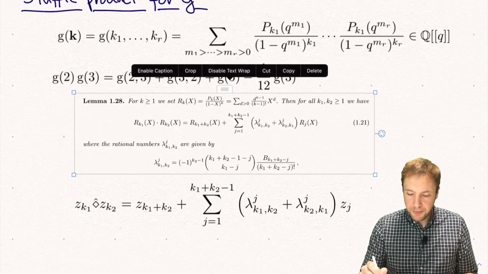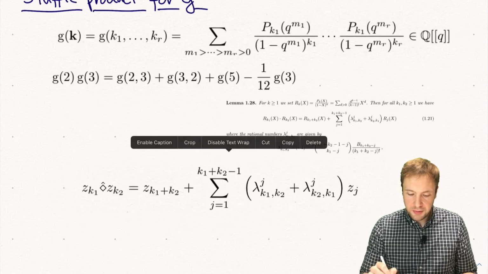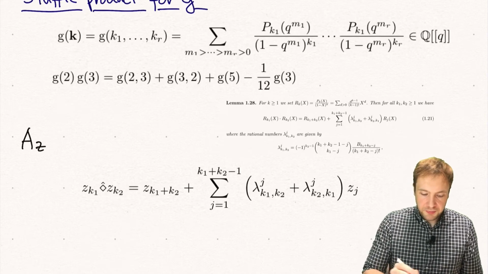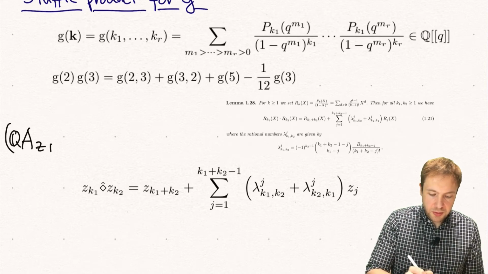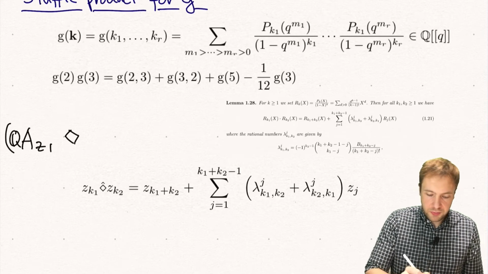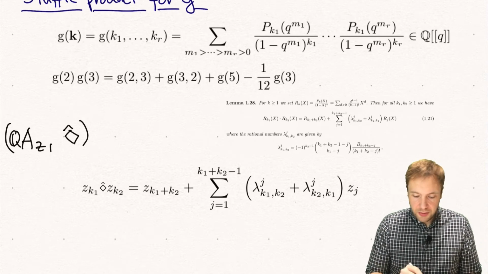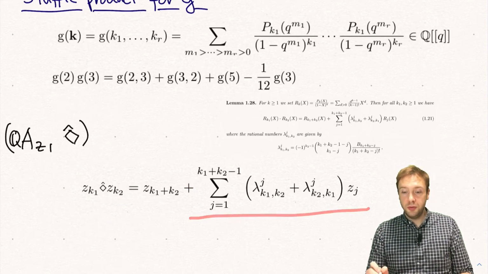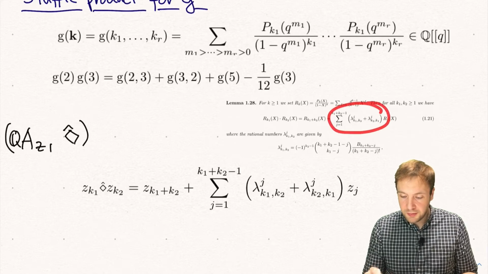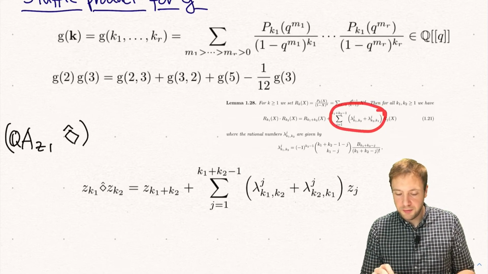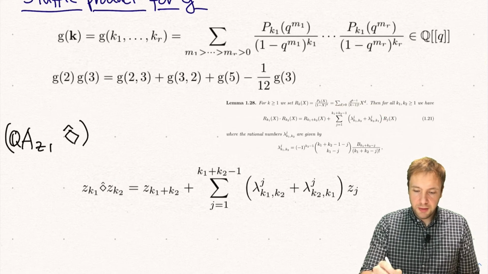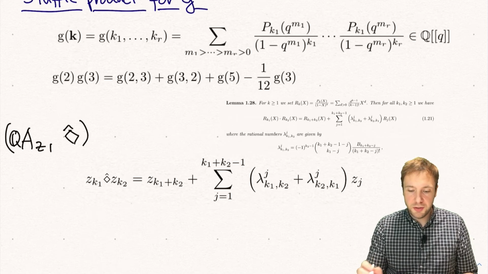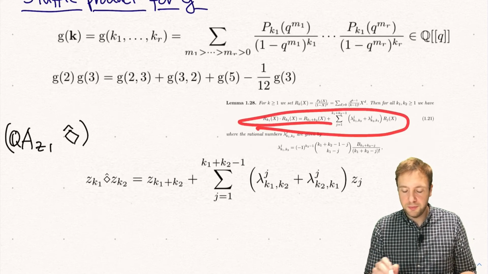Again, we take the alphabet AZ, and with Q, on this we define the product diamond hat by this. It's similar to the Schaffer product, but we also have these smaller terms here, which are exactly coming from this here. And with this you can check that this product is actually commutative and associative, because it comes from this calculation here.